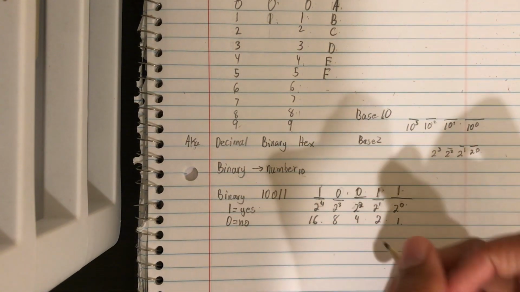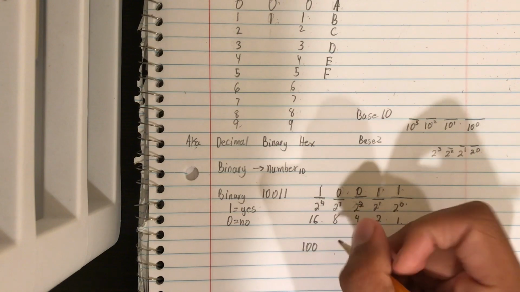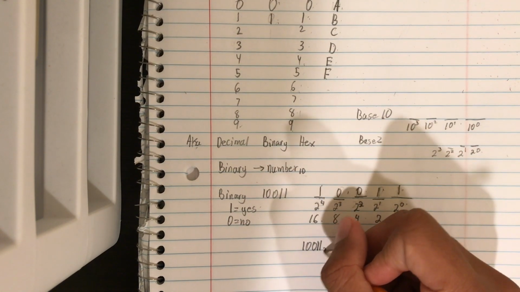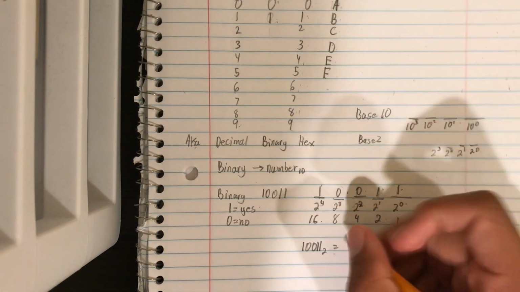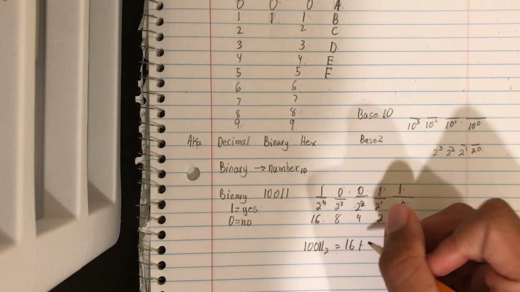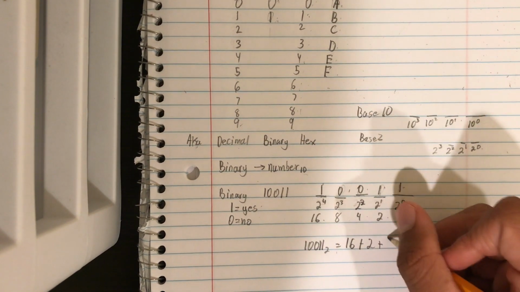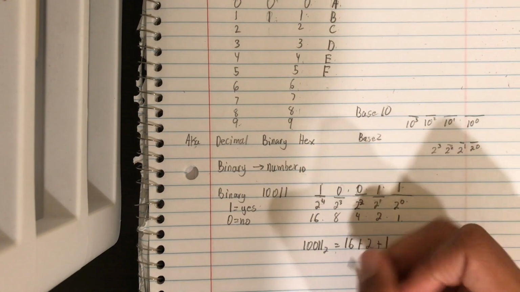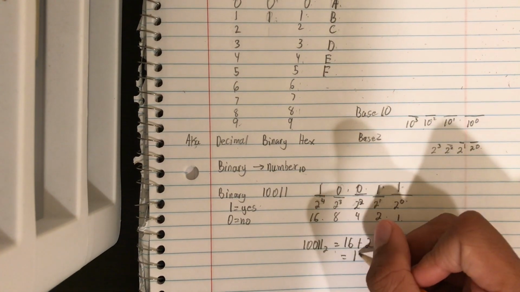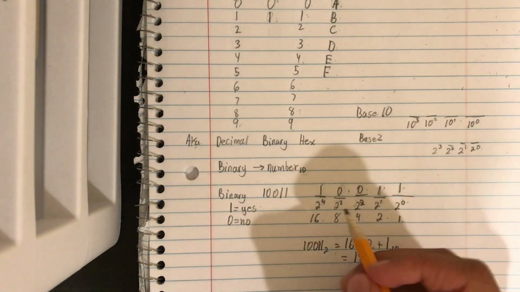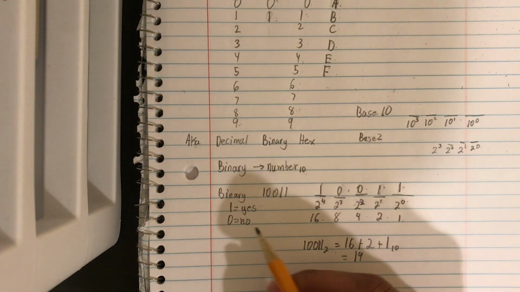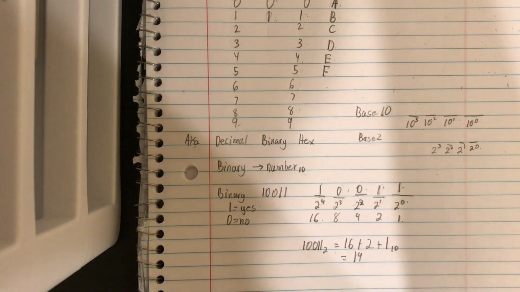So essentially, 10011 in base 2 equals 16 plus 2 plus 1 in base 10, which should be equivalent to 19. So 10011 in base 2 is 19.